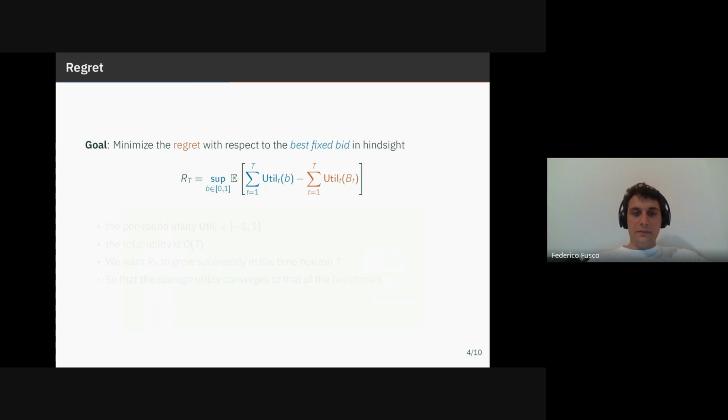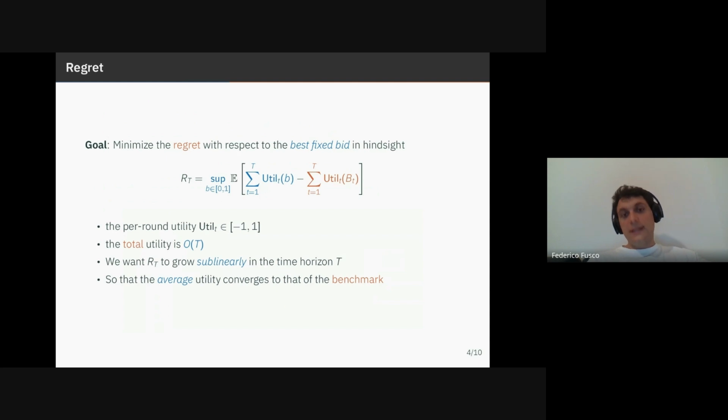Now, let me comment a bit on this formula. At each time step, the utility is between -1 and 1, meaning that the total utility and then also the regret is order of T. Now, for the learning to happen, we require that the regret RT grow sublinearly in the time horizon T, meaning that the average utility converges to that of the benchmark.